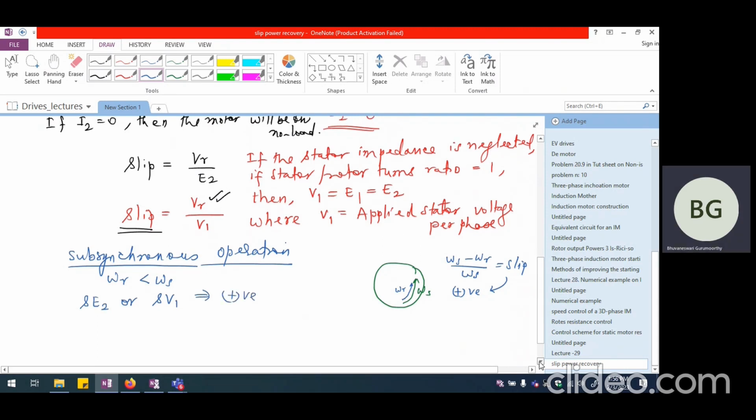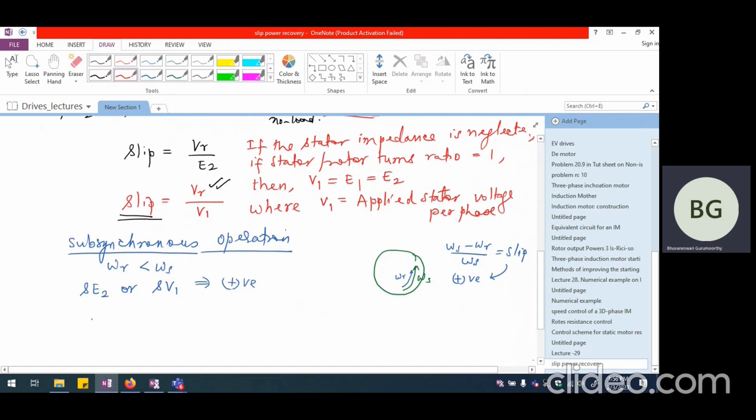So if this is positive, I should be able to say, if this is V1 and this is the stator side winding, and if I'm neglecting all the stator drop, this also is going to be V1 with plus here and minus here during the positive half cycle. Now, if this is my rotor circuit, which is going to have S times E2 as the induced EMF, because slip is positive, I will still have this as plus and this as minus.